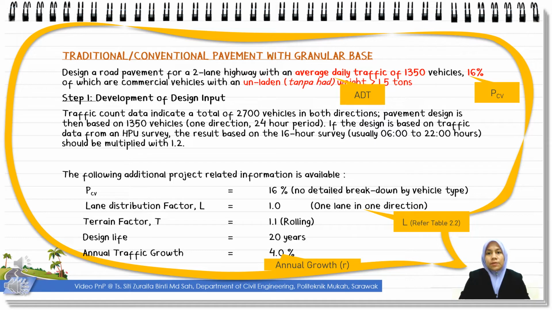B. Terrain condition, whether it is flat, rolling, or continuous. By using Table 2.3, based on terrain conditions, you can get the value of terrain factor T.